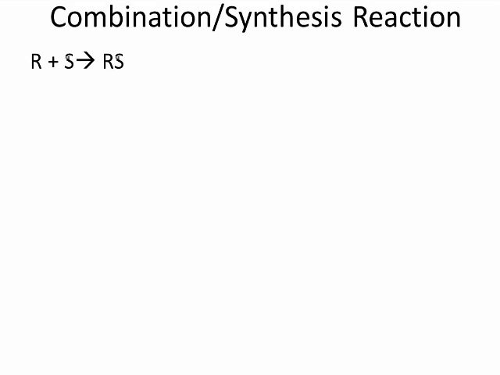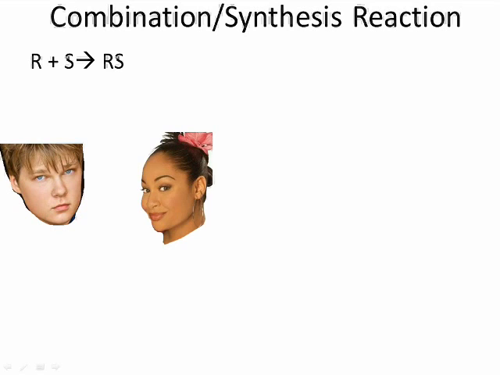to as a combination. And that's just when you bring two things together, an R, for example, plus an S, combine or synthesize, they make RS. It's like if we have a romantic couple here, a dreamy teen idol and a cool celeb, they come together.